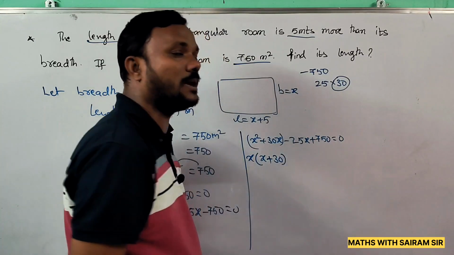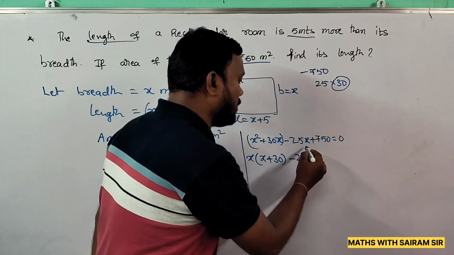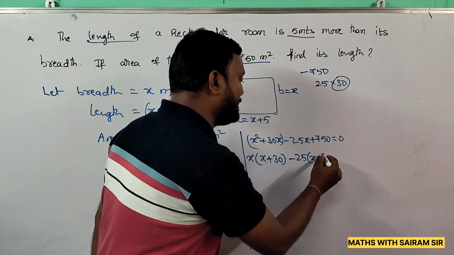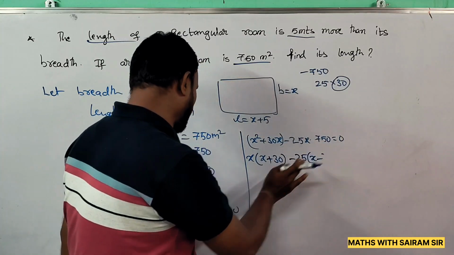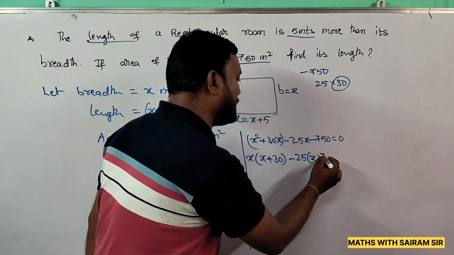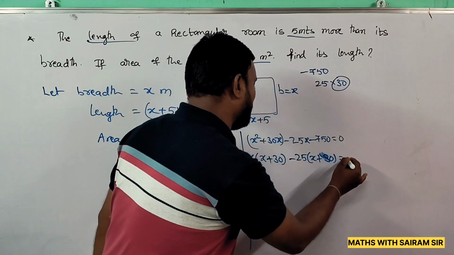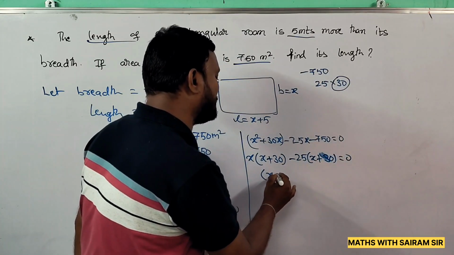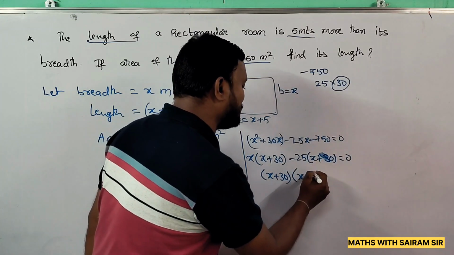And from the next two terms, if I take minus 25 as a common, then minus 750 becomes plus 30, it becomes x plus 30. So from this I am taking x plus 30 as a common, x plus 30 of x minus 25 is equal to 0.